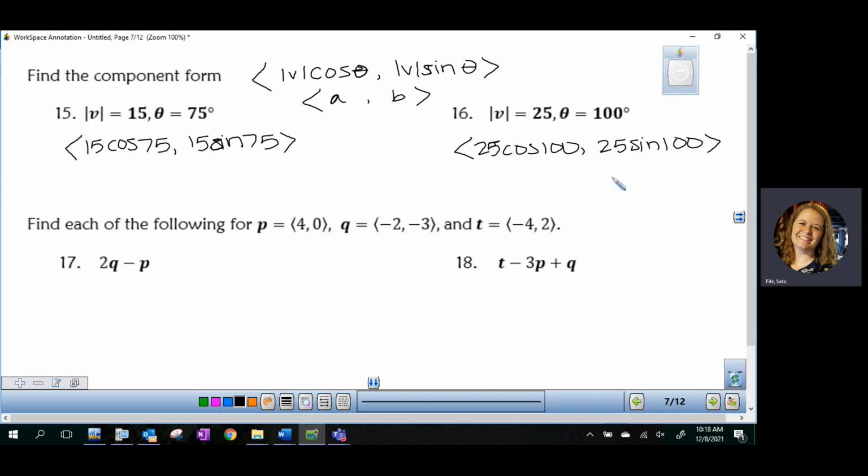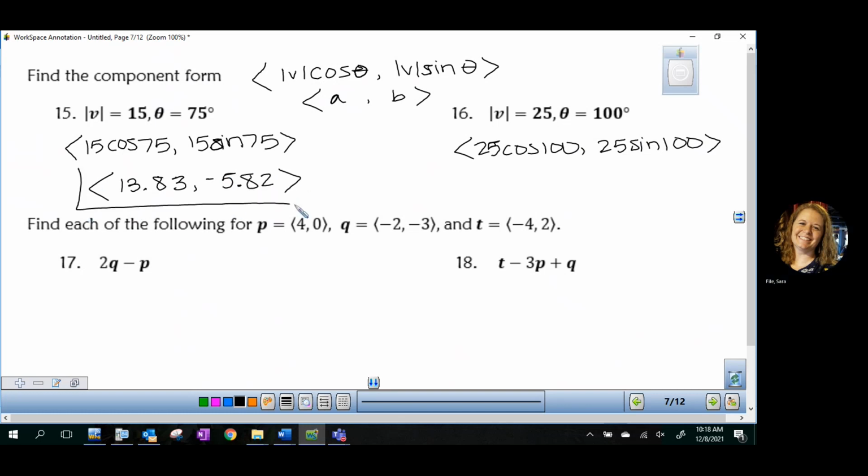Okay, so these become calculator questions. So if I plug in 15 cosine of 75 and 15 sine of 75, I'm rounding to the hundredths, that is 13.83 and negative 5.82. You get something else?